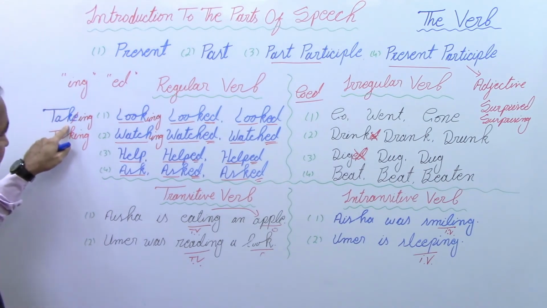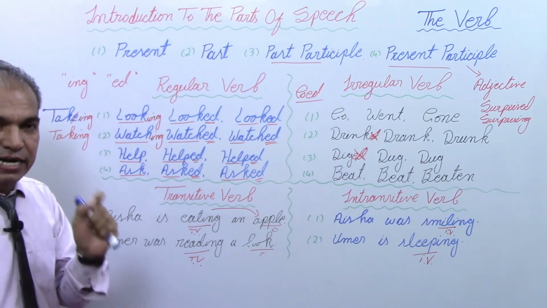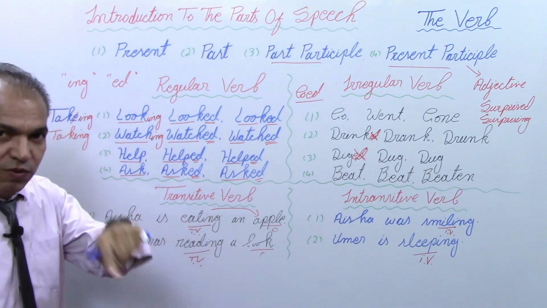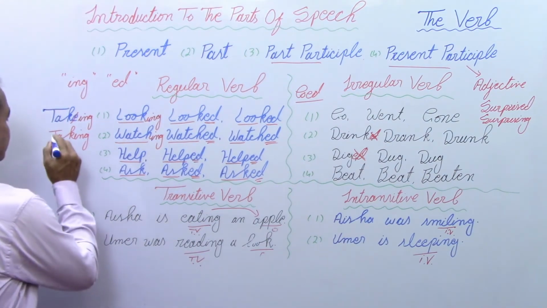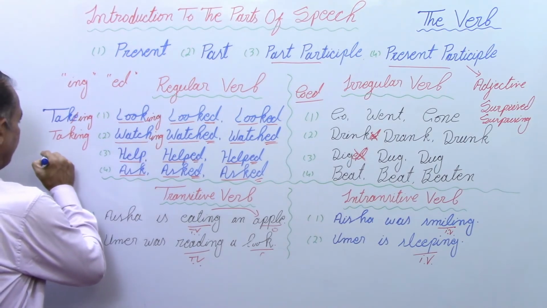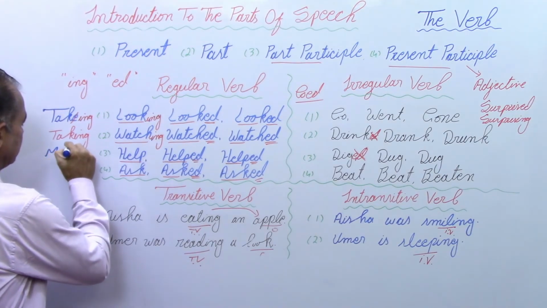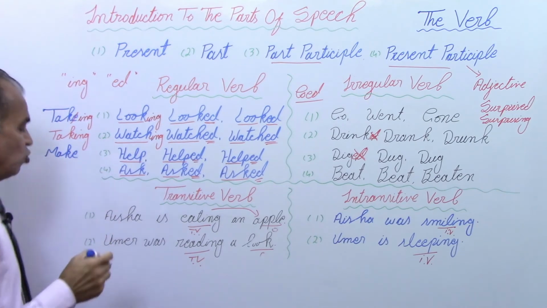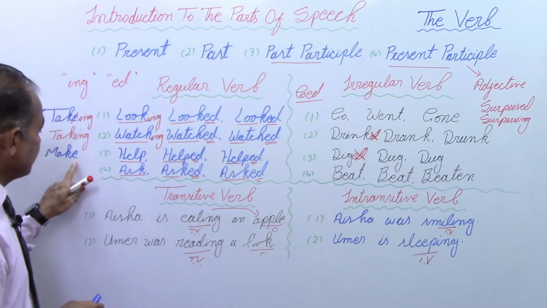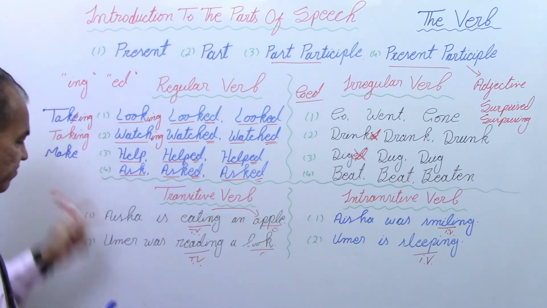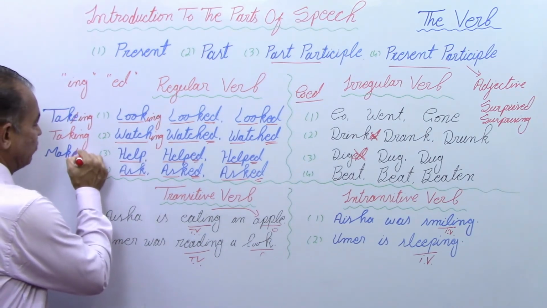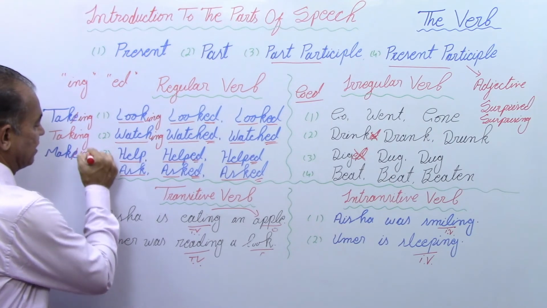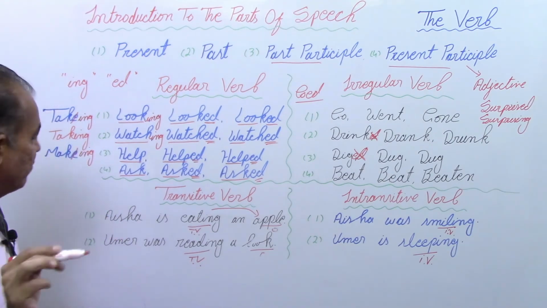In the same way, you can take another example, make. You can see that there is a silent E at the end of this first form, so you first remove this E and then add ing, and it will become the fourth form of the verb.